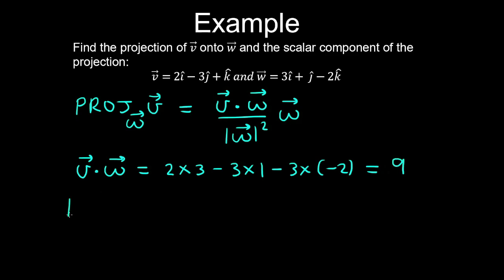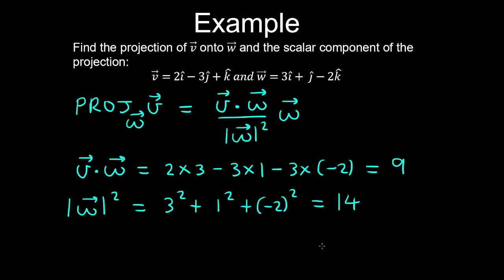And the squared magnitude of w is simply the sum of the squares of its components. So we have 3 squared plus 1 squared plus negative 2 squared, which is equal to 14. So therefore, we have 9 on 14 multiplied by the vector w, which is 3i plus j minus 2k.